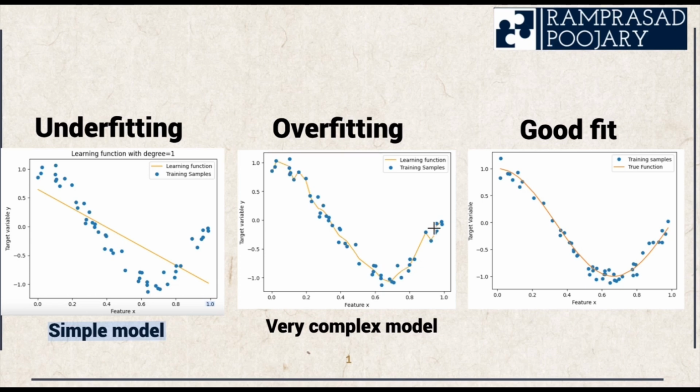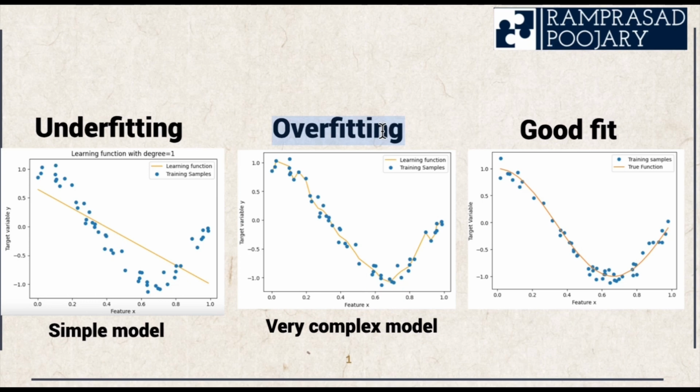We need a model which is not very simple and not very complex. So if there is an overfitting case, then there are some strategies to mitigate it. There is something called regularization, and that can reduce the complexity of the model. So we'll discuss other concepts in the next session.